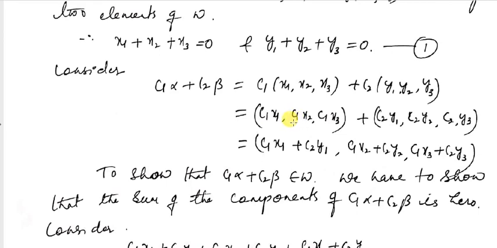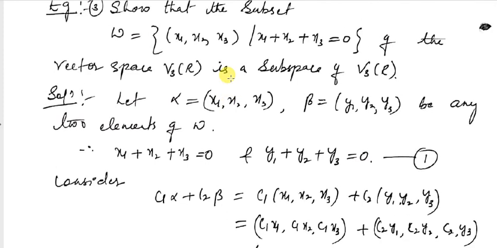This is according to addition of two vectors: C1x1 plus C2y1, C1x2 plus C2y2, C1x3 plus C2y3. So to show that this quantity belongs to W, we have to show the sum of components of C1 alpha plus C2 beta is 0 according to the given W, right?